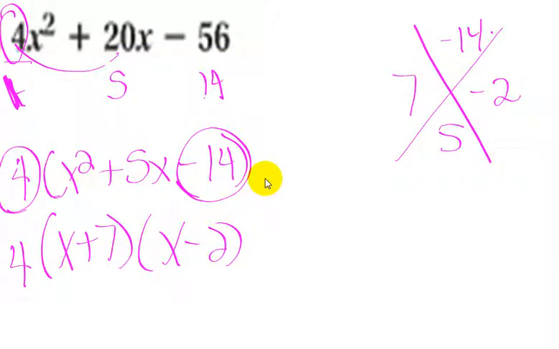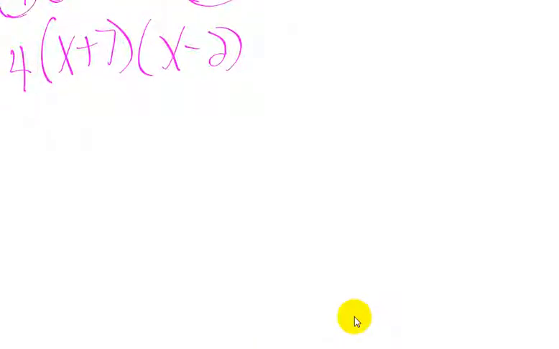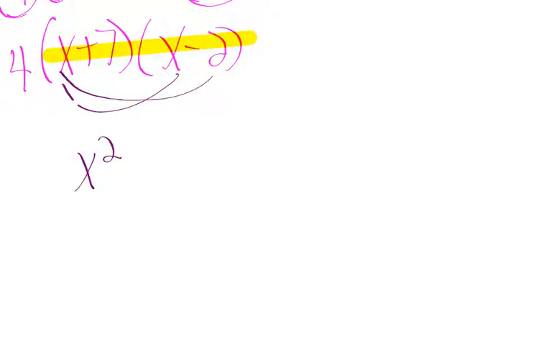Alright, so I'll go on to check with FOIL, since this one's a little different. So to check this, we want to take our binomial here and FOIL it out. So we're going to have x times x, our first, x squared. And then outside is x times -2, negative 2x. Our inside is 7 times x, so that's plus 7x.